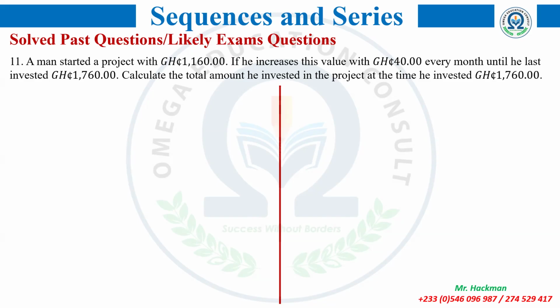Calculate the total amount he invested in the project at the time he invested 1,760 Ghana cedis. Any questions? Will you be able to do this question if I don't give you any help?